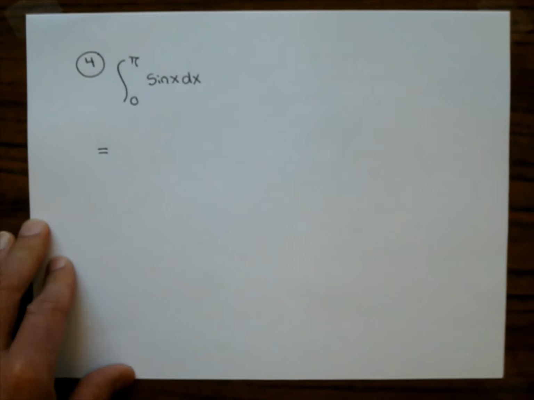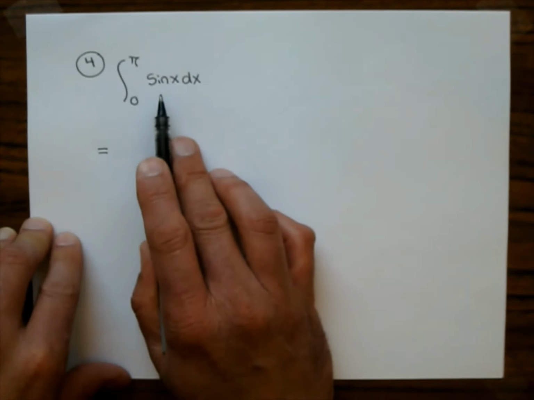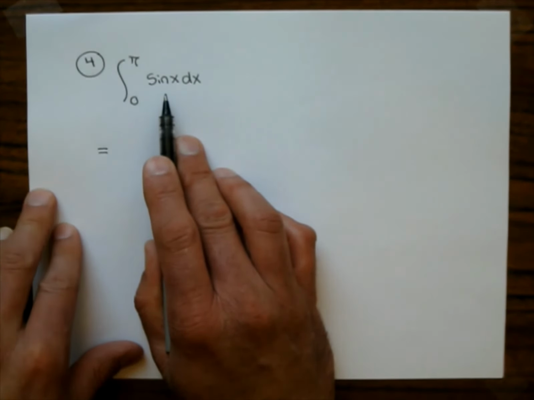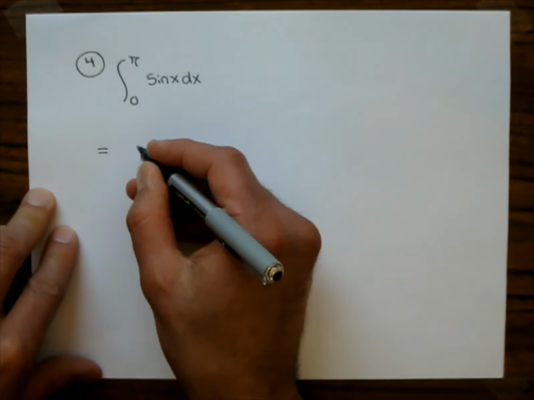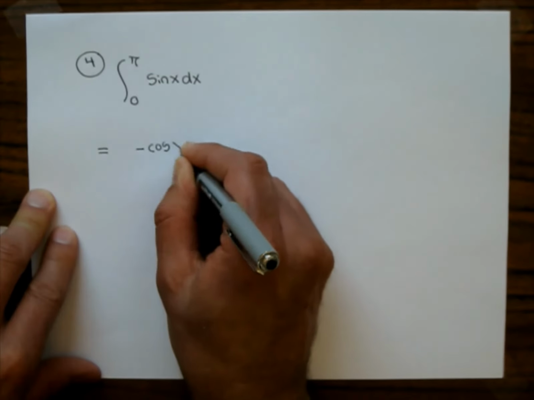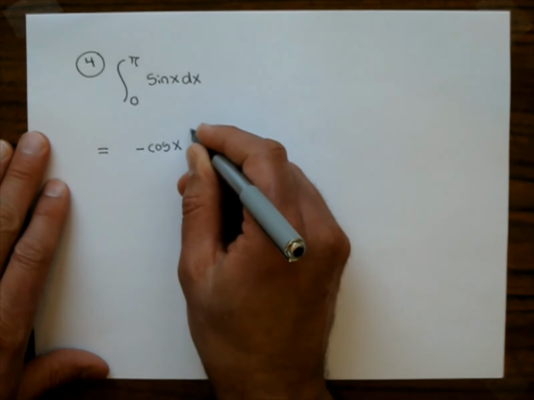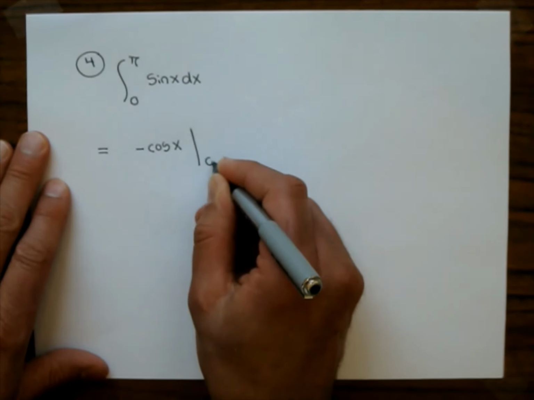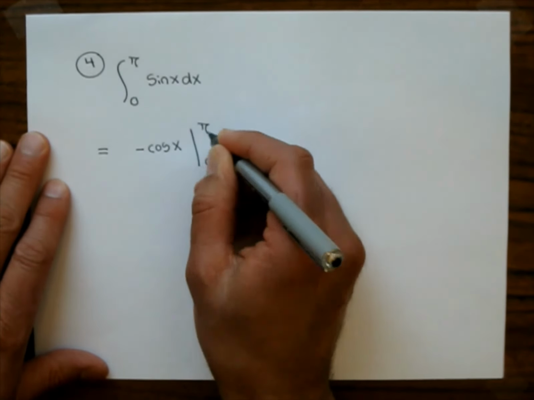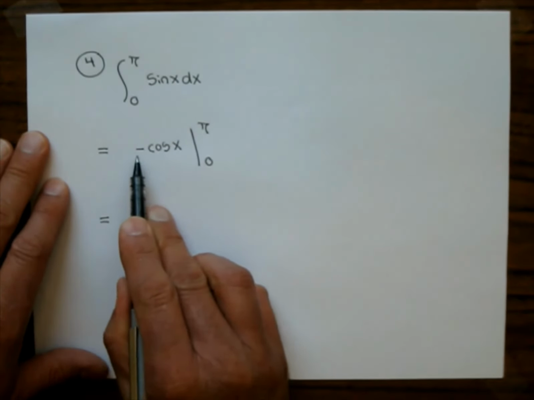Okay, what is the antiderivative of the sine? The antiderivative of the sine is negative cosine x. And we are going to evaluate this from 0 to pi. We have to be careful because our function says negative cosine x.